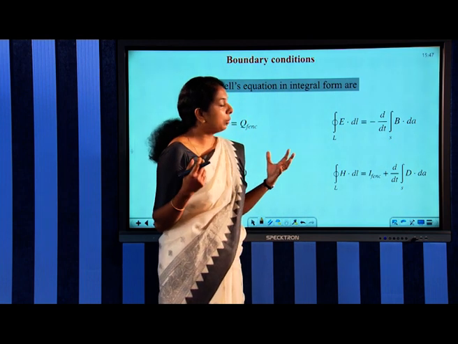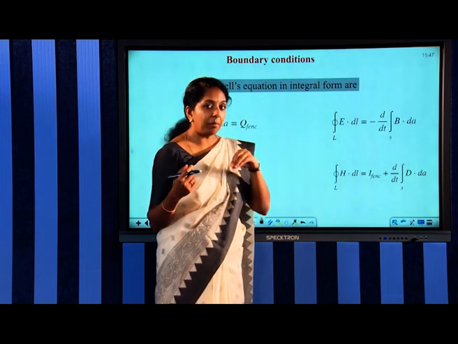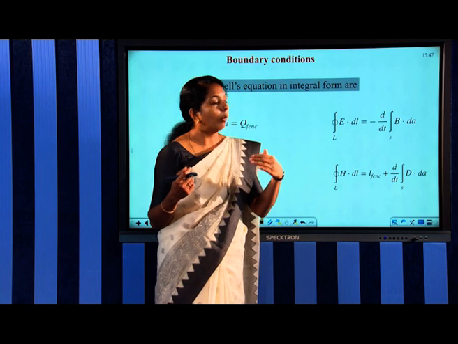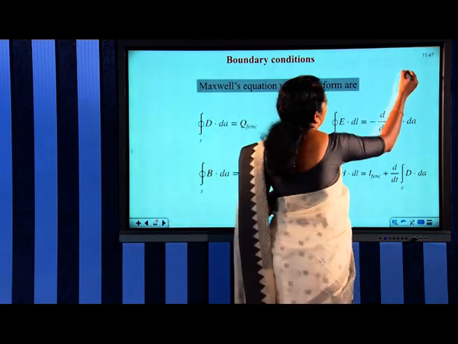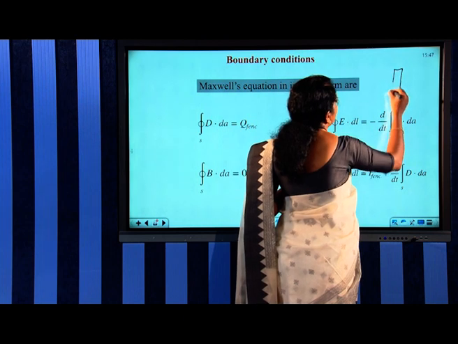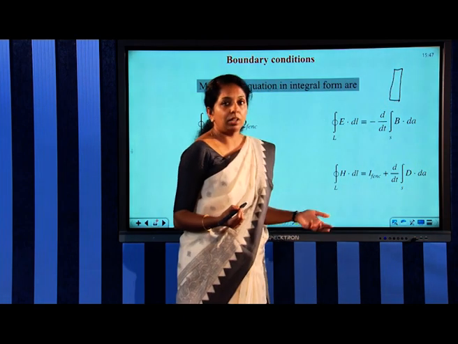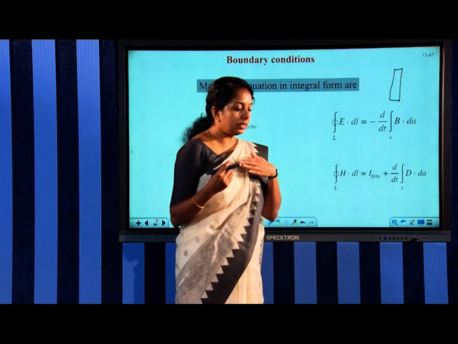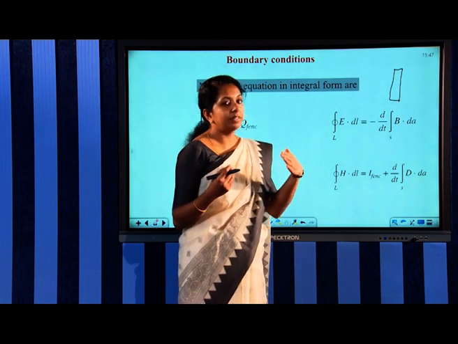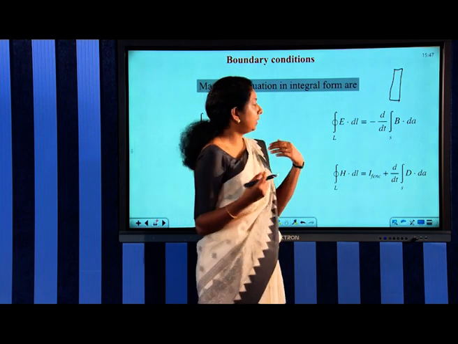Here we have two options: either we move from one medium to another medium, or we move through one medium itself, but in between we have a plane sheet having surface charge density or current density. In that situation also, we are crossing this sheet.